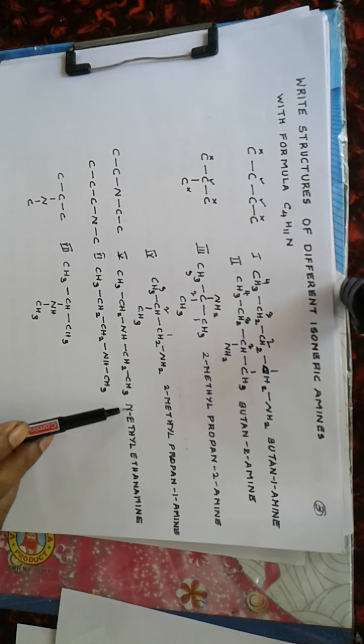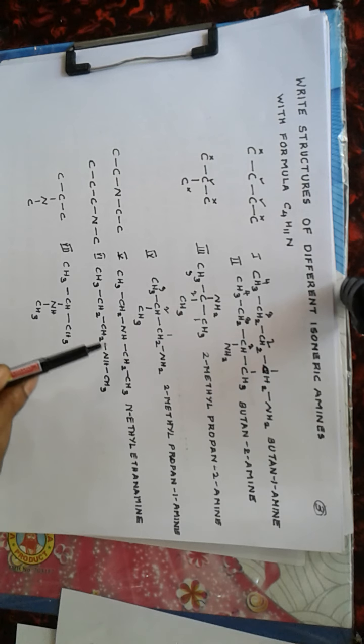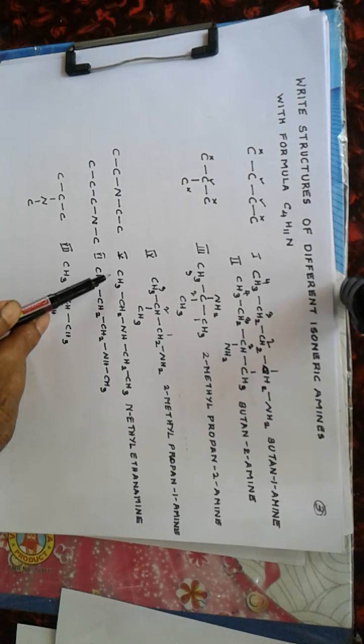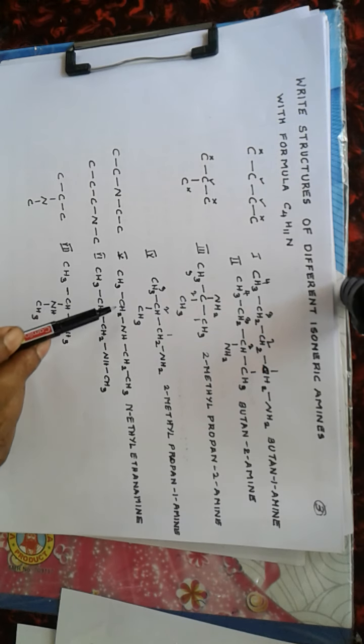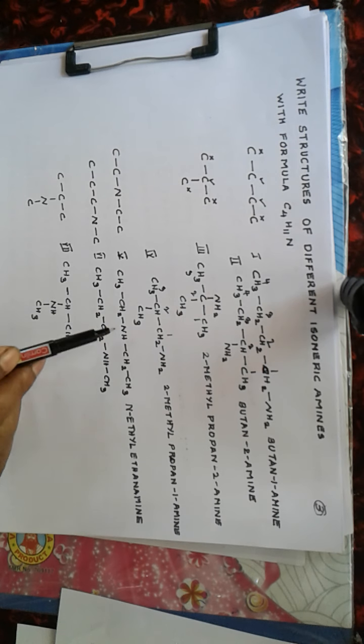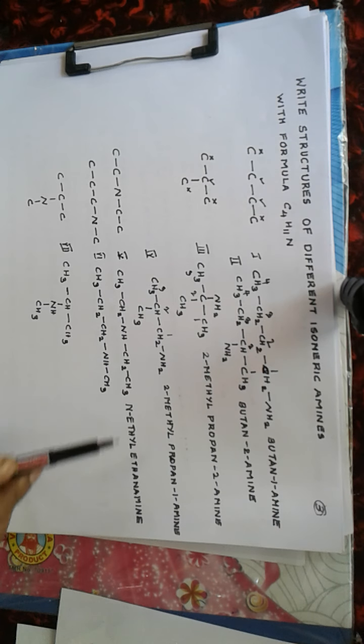This N stands for nitrogen, where the ethyl group is connected, and the parent compound is called ethanamine because the parent contains 2 carbon atoms. So we consider it a substituted derivative of ethanamine.